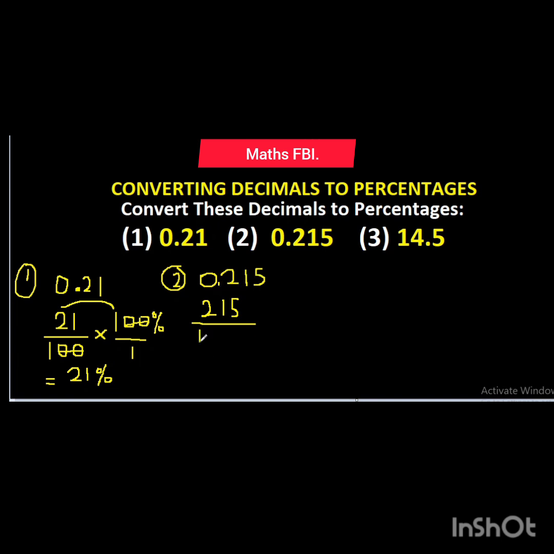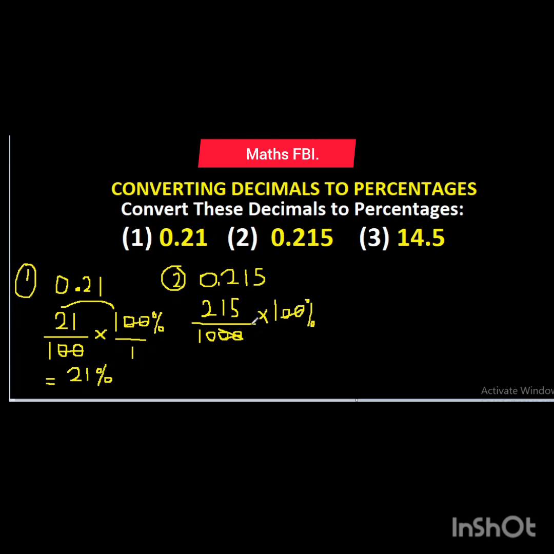That will be 1 and 3 zeros. That is 215 thousandths. Multiply this by 100%. These two zeros cancel these two zeros.